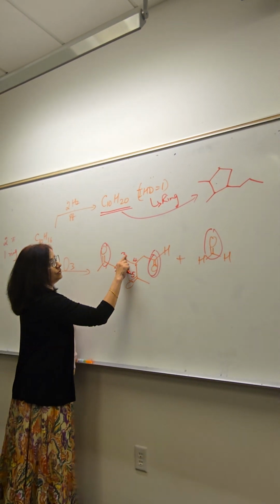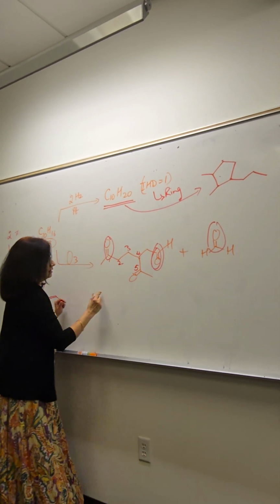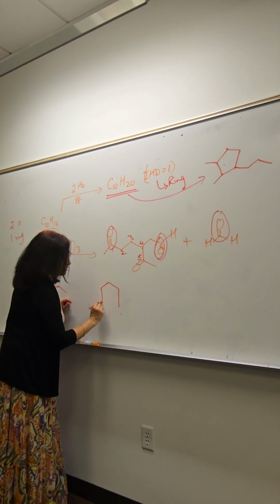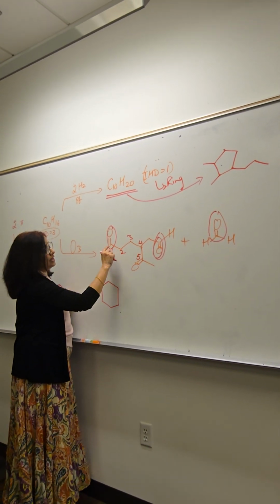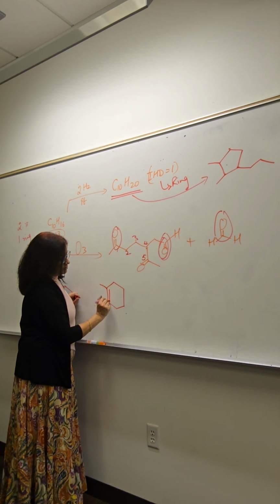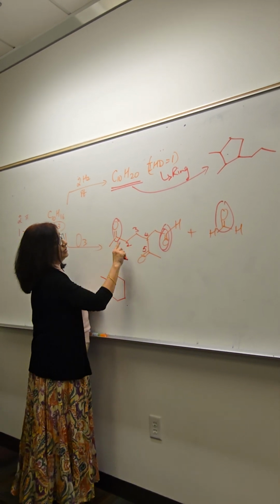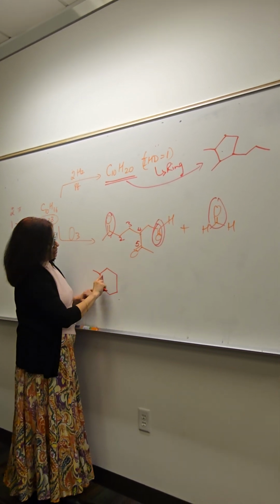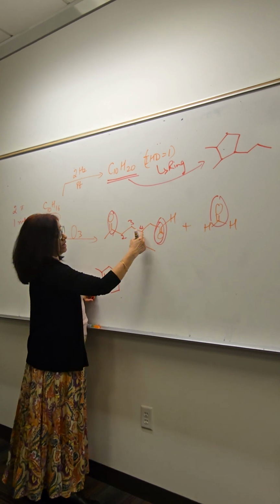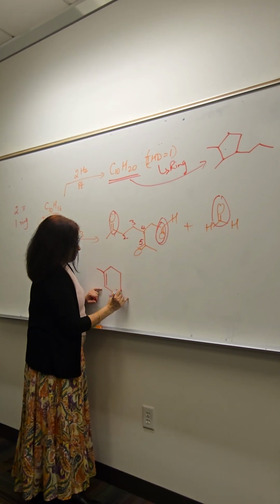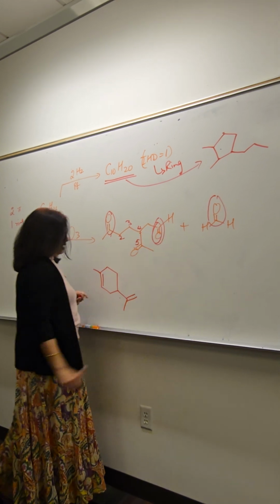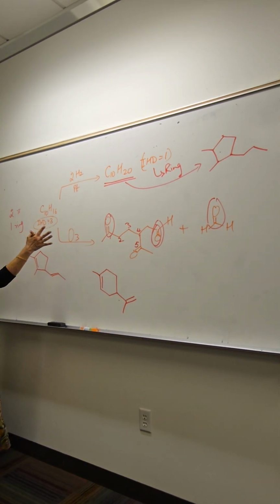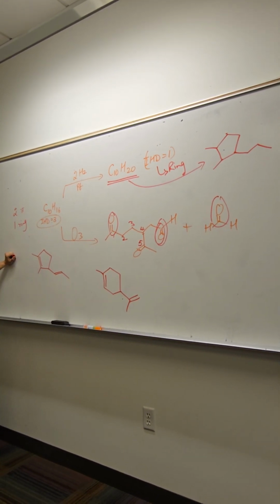So 1, 2, 3, 4, 5, 6. That was what I got. That's fine. Sometimes there's more than one right answer. So, alternative paths. Then that's 6, and 1, 2, 3, 4. I have this chain coming through, which is then attached to a double bond right there, which also fits the profile that we have.